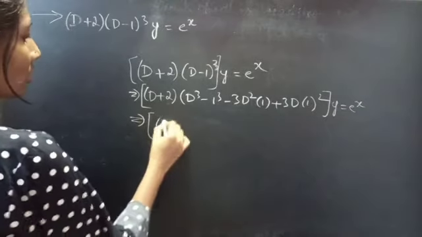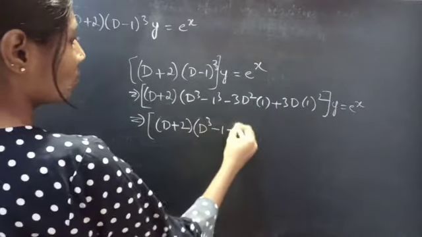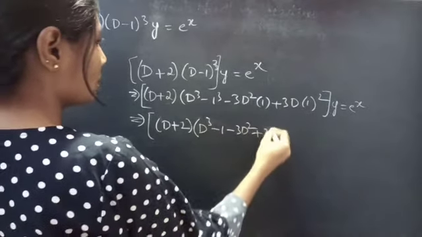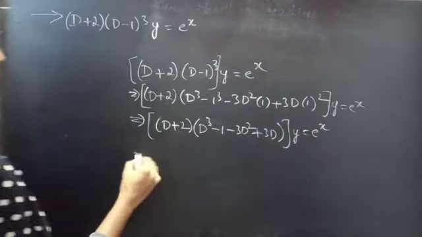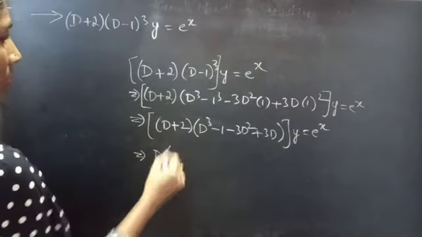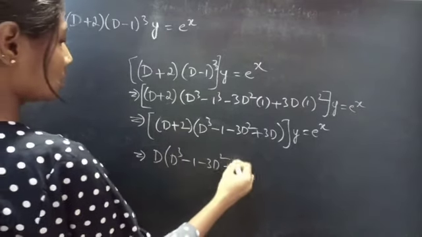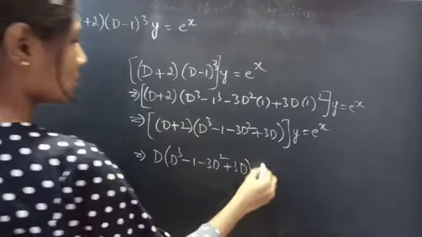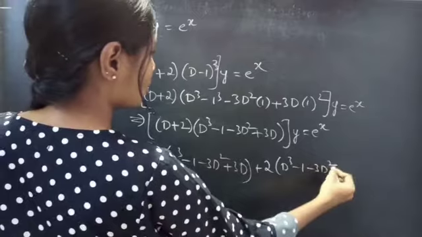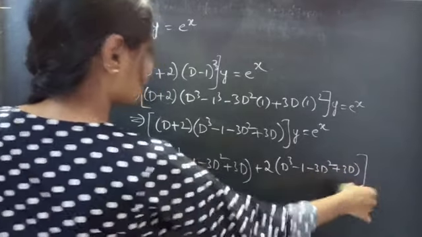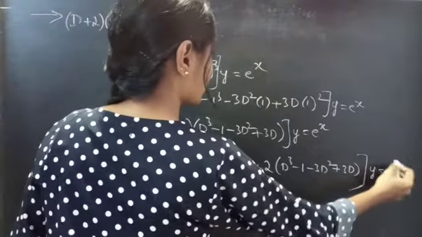This becomes (D+2)(D^3 - 1 - 3D^2 + 3D) y = e^x. Then D times (D^3 - 1 - 3D^2 + 3D) plus 2 times (D^3 - 1 - 3D^2 + 3D), into y, equals e^x.